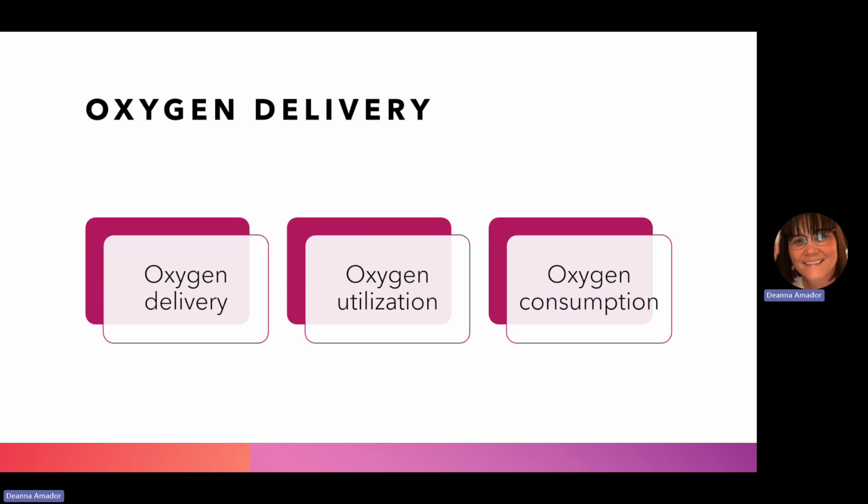So if I was to have someone with a central line and they had a distal port on it, I could have, let's say, my respiratory therapist obtain what's called a mixed venous gas. They obtain blood from that port and they will run a blood gas on it.